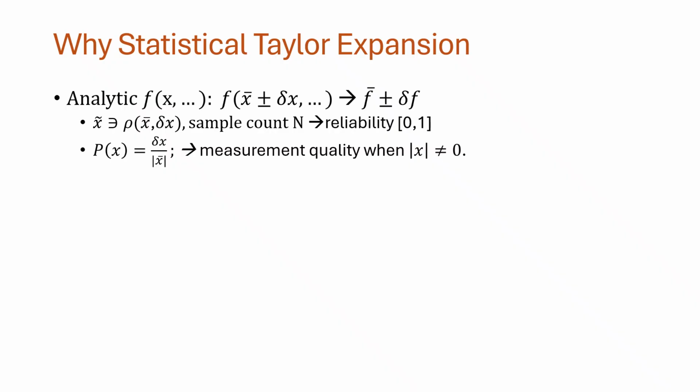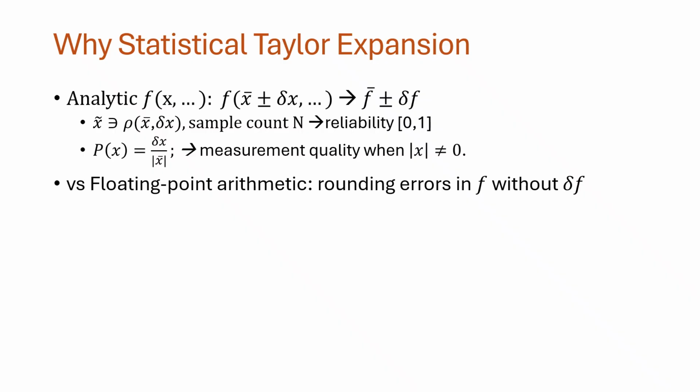And also, the quality of the measurement of the mean plus standard deviation is measured by precision, which is the standard deviation divided by the absolute value of the result. This measurement quality goes into static Taylor expansion directly. A smaller p_x means a higher quality of the measurement.